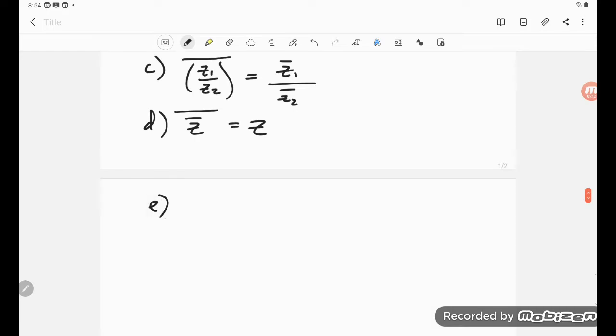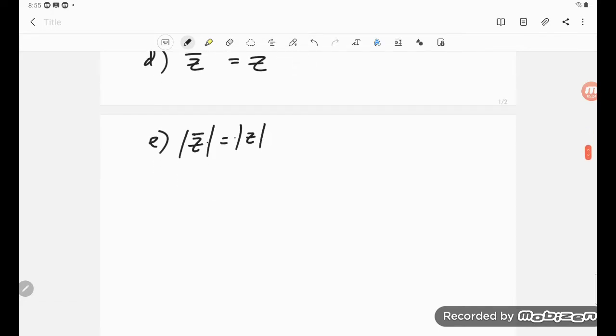E, the absolute value of Z conjugate is equal to the absolute value of Z, so the modulus of Z conjugate is going to be the same as the modulus of Z.